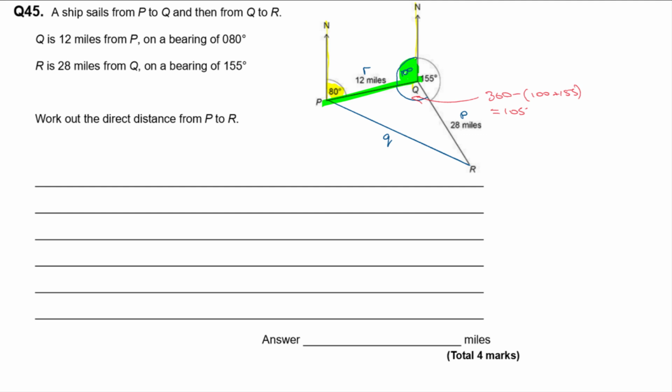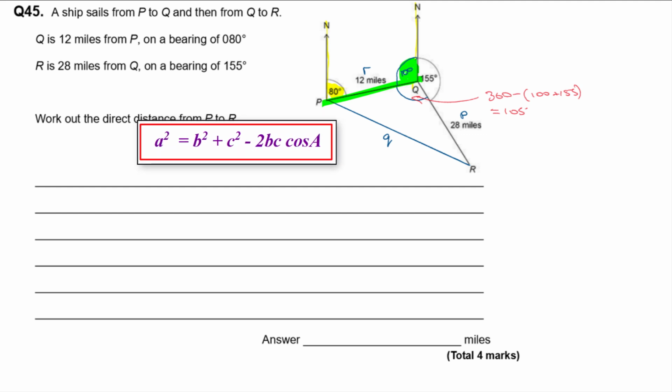Formulating it in terms of the sides I've been given, Q squared equals P squared plus R squared minus 2PR cos Q. Remember on our pattern that the letters repeat, P and R repeat, and then it ends and starts with the same letter.